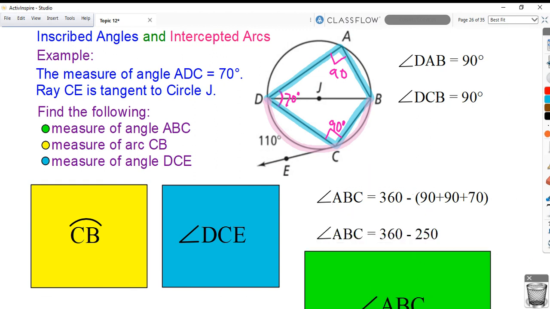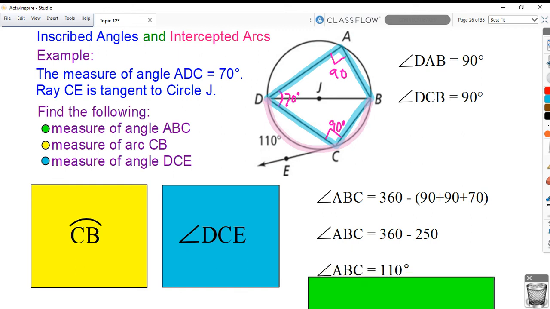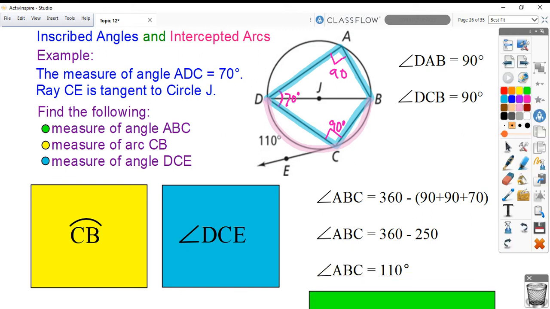It ends up just being 360 minus 250. That's how we get our answer that angle ABC must be 110 degrees. So that's answering the first question right there.